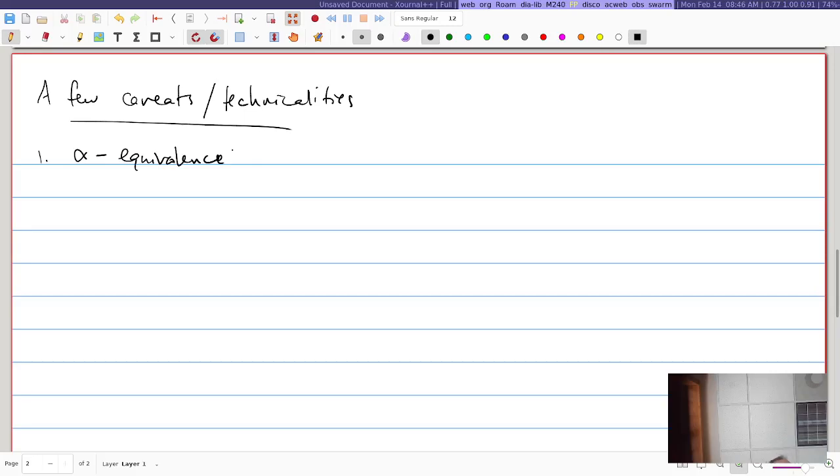So this basically just says the name of a variable in a lambda doesn't matter.